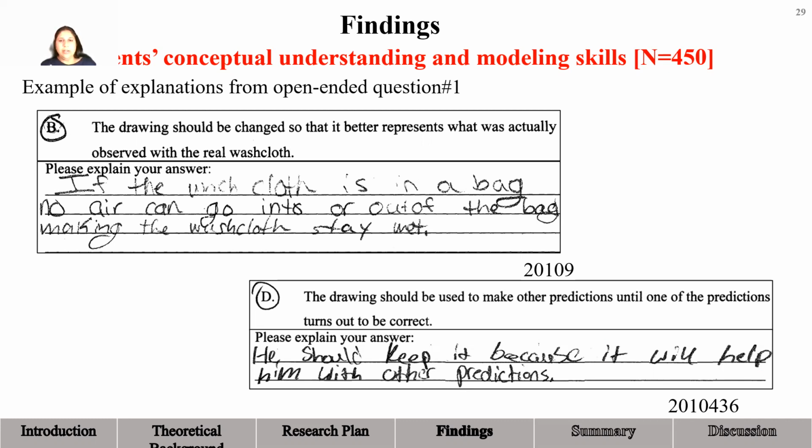Another student, who chose option D, explained that he should keep it because it will help him with other predictions. We can compare both answers and understand why students choose option D frequently.